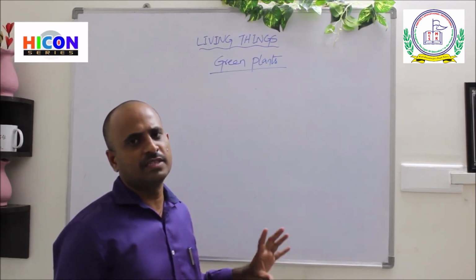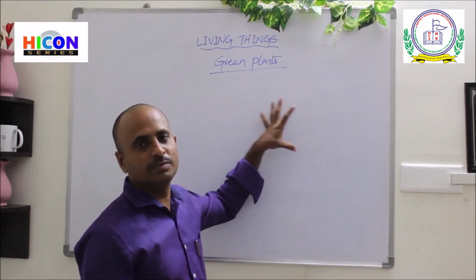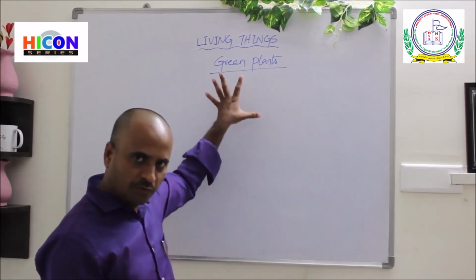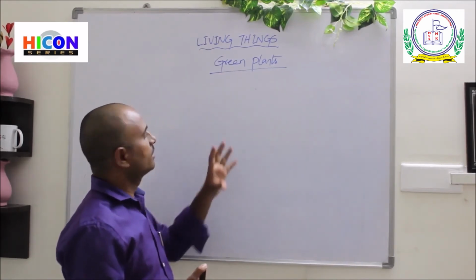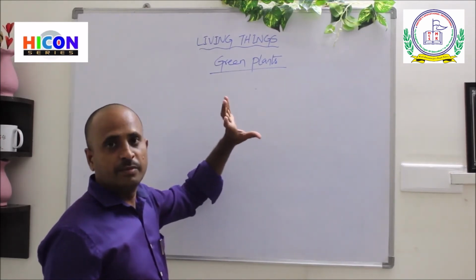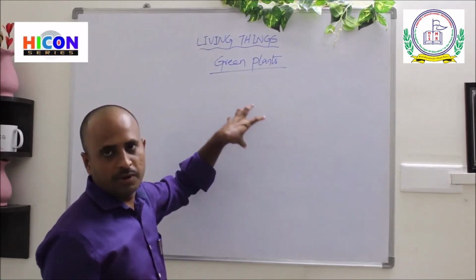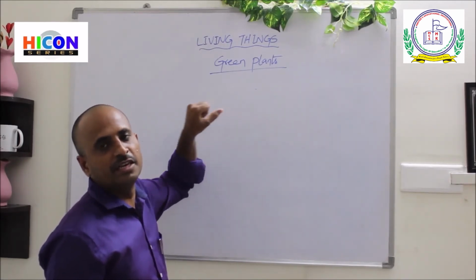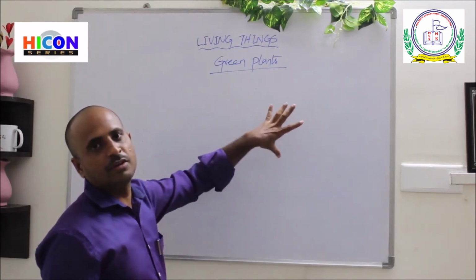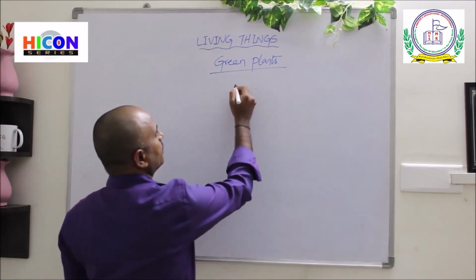So let us see once again the glossary of this chapter, that means the summary of the chapter in the way of a simple flow chart, describing the different types of plants and examples. With the help of this flow chart, we can easily remember the different types of plants and the examples for those.